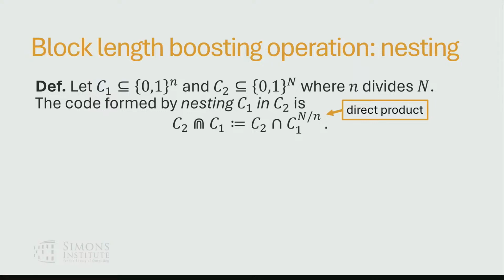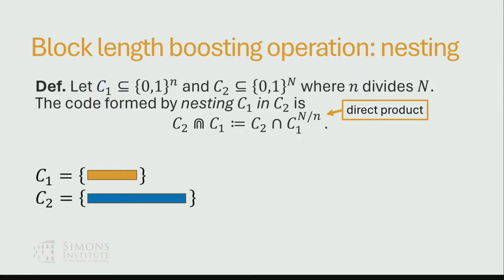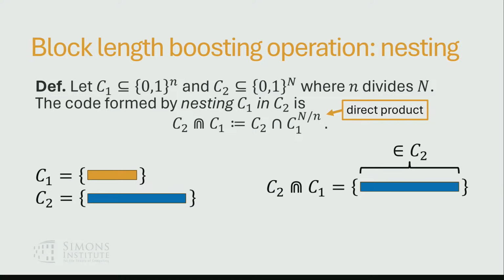Before that, let me just put the picture up. I think it'll make it a bit more illustrative. If you have a code C1, C2, small block length, big block length, then this code is made up of strings which are codewords of C2, but where the first half is a codeword of C1, and the second half is also a codeword of C1.